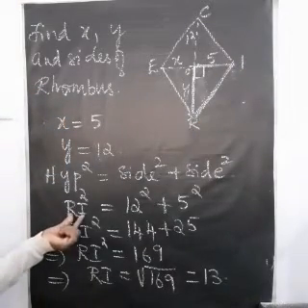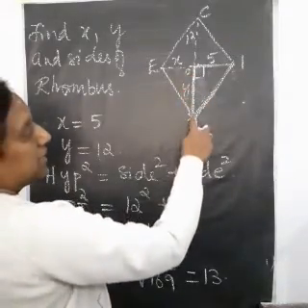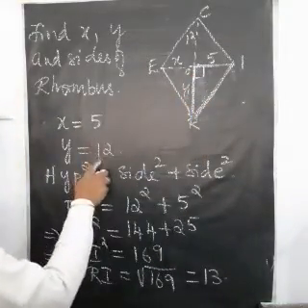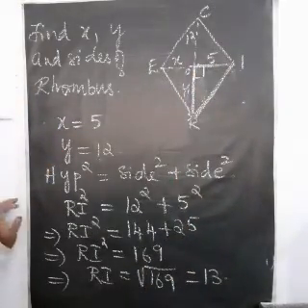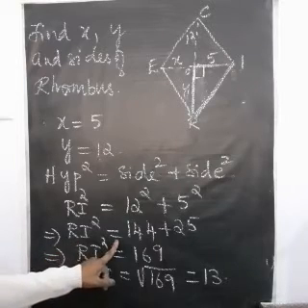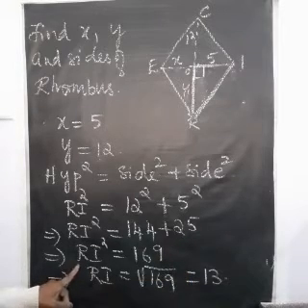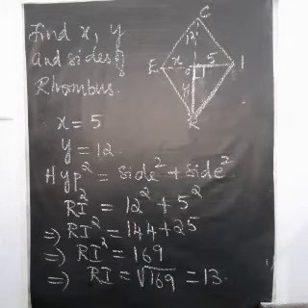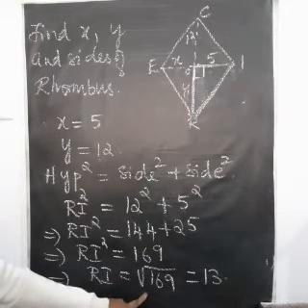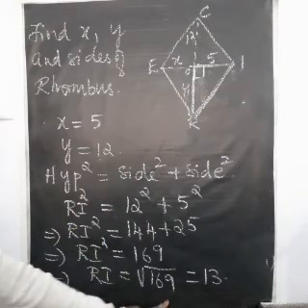So RI squared is equal to y squared, which is 12 squared, plus the other side, 5 squared. 12 squared is 144, plus 5 squared is 25, so RI squared is 169. RI is the root of 169, which is 13. So we have found the side of the rhombus to be 13.